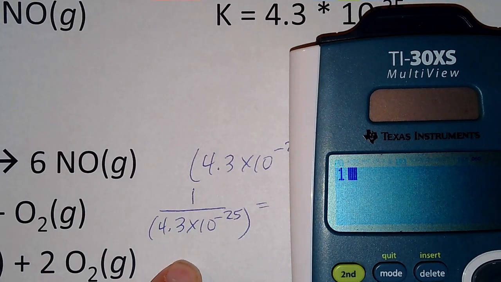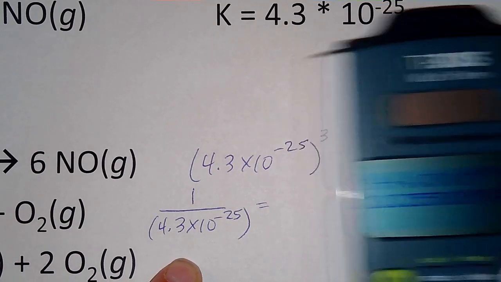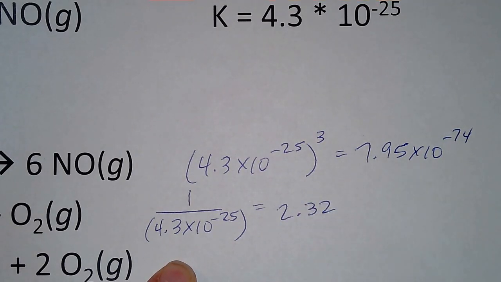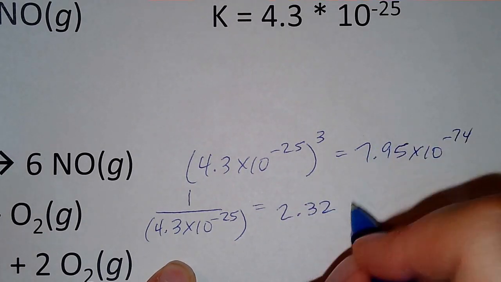And this K value was pretty small in the original direction. Now when we flip it, going the opposite way, the K value gets much larger. Alright, so very small in one direction means very large in the opposite direction.